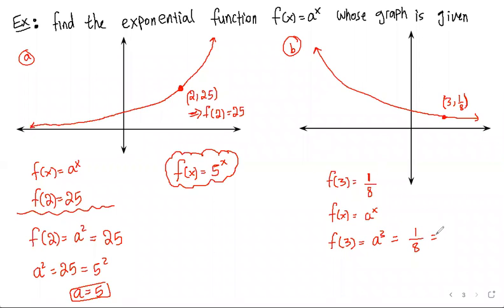And 1 over 8 is the same as 1 over 2, all to the 3. So a equals 1/2, because the power is the same. Now you can continue and find the function.